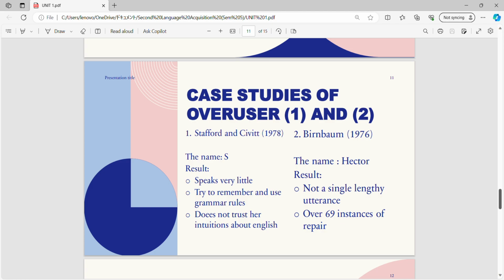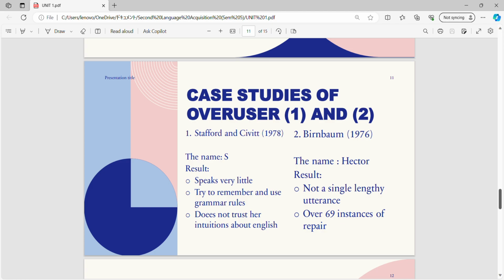We name this person S. The overuser, as we know, is really obsessed with grammaticality. The result is they speak very little, try to remember and use the grammar rules, and the third is they do not trust their intuition about English.